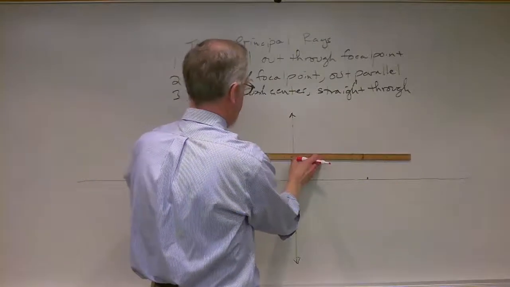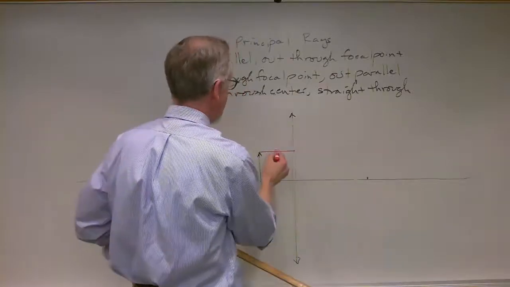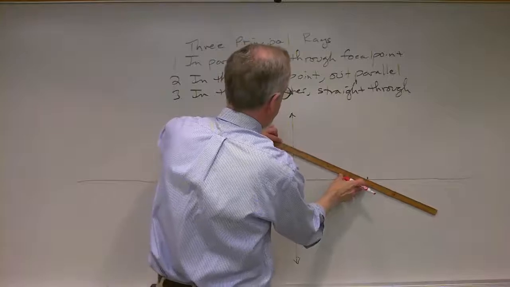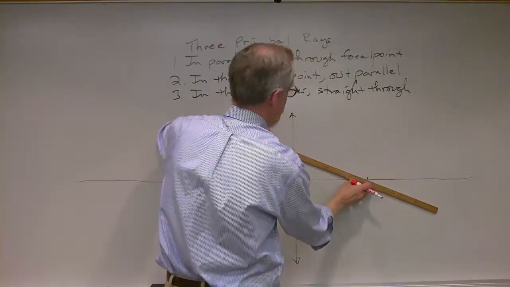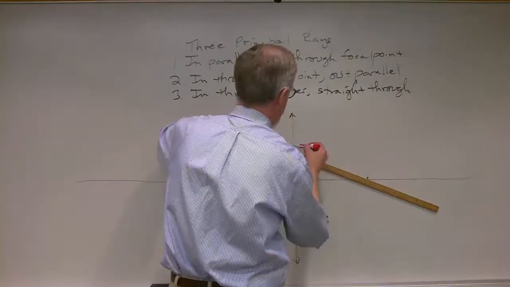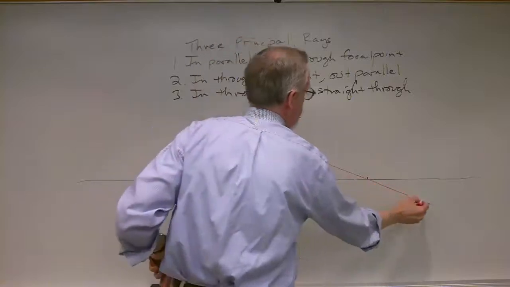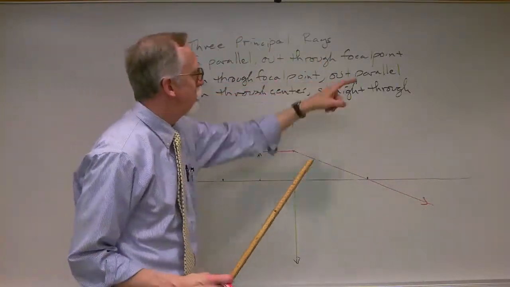So come in here with an incoming parallel ray, indicate the direction. This goes through the focal point, so this gets refracted down through the focal point. There we go.